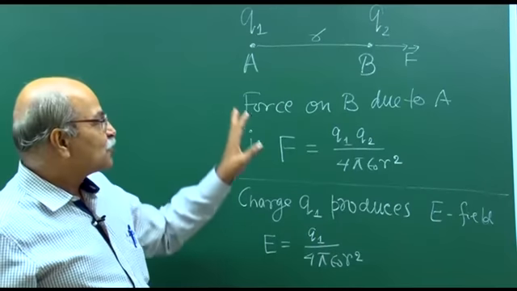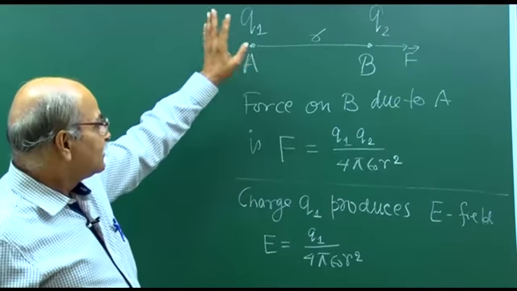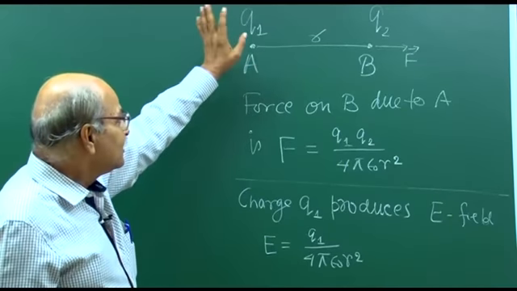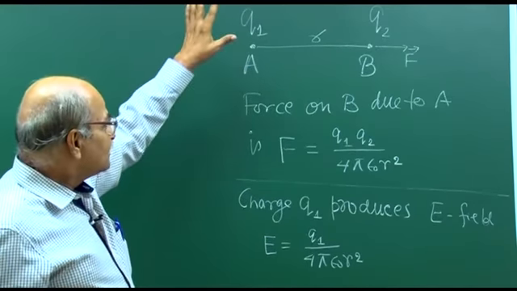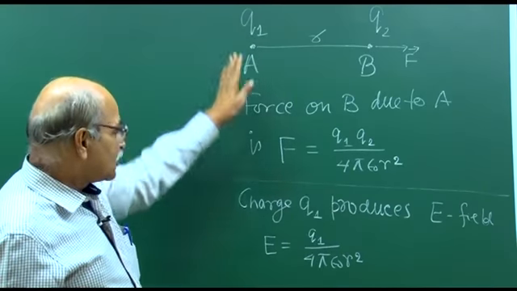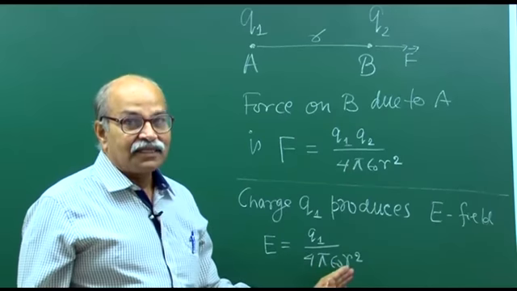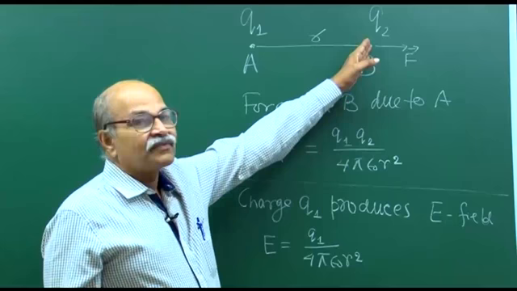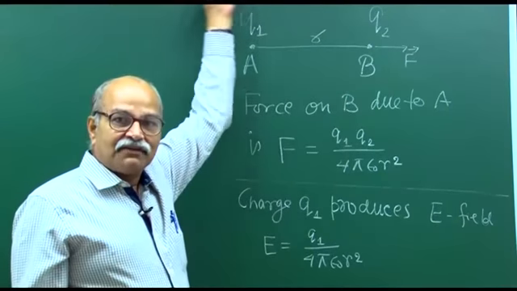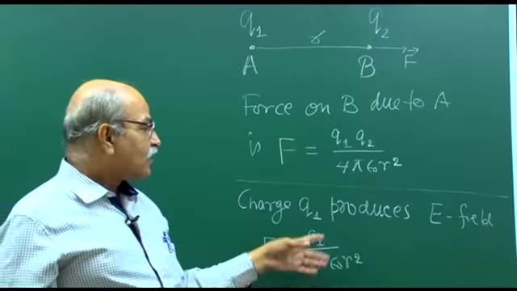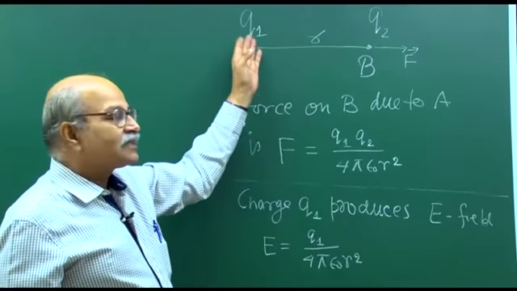Of course, the charge should be stationary in your frame for quite some time. Those restrictions are also there, but in those conditions, electrostatics as we call it, this charge produces this much electric field. And not only at B, it produces electric field everywhere. Wherever you want, you can take a point and ask how much is the electric field produced by this there.